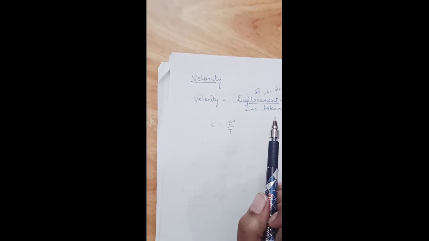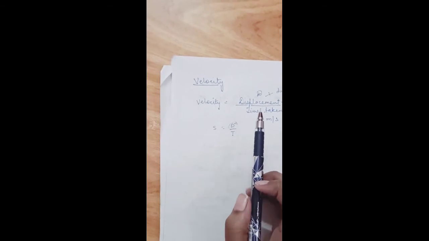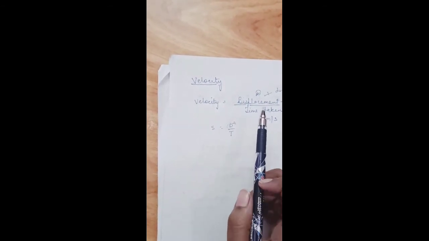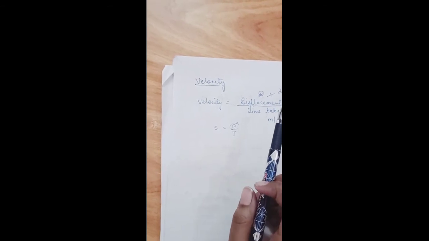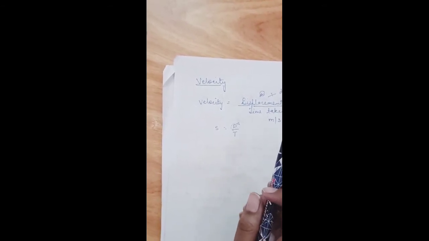The SI unit of velocity is meter per second. When two objects move with the same speed but in different directions, their velocities are different. Similarly, when two objects move with the same speed and in the same direction, their velocities are the same.